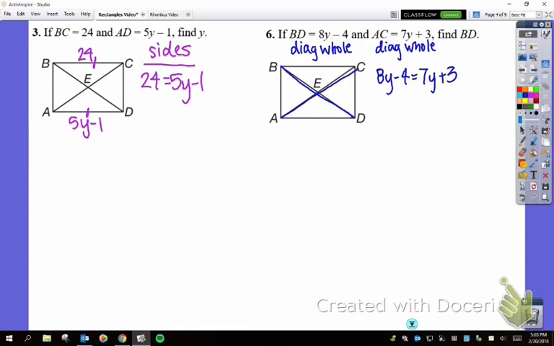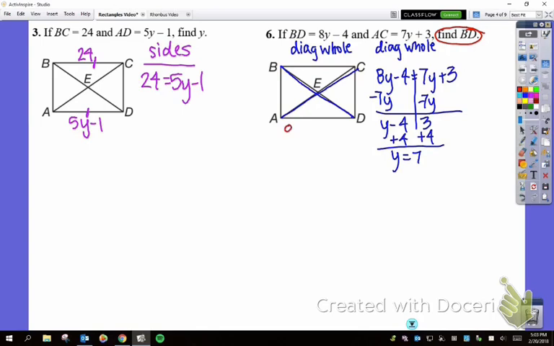Again, you would just draw your line and then solve your equation to find y. Now, you do have to be careful on this one because it doesn't just ask for y on this problem. We get y minus 4 equals 3, add 4, and we get y equals 7. Okay, it asks us to find BD, so then you would just plug this back in. So 8 times 7 minus 4, which would end up giving you 52.